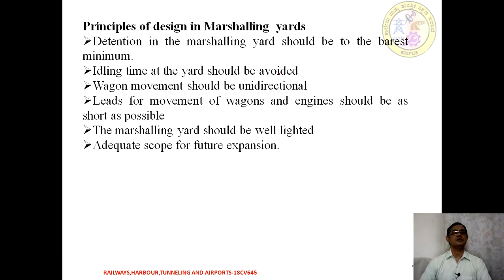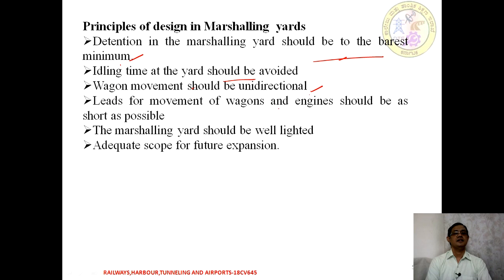We use some principles in designing the marshalling yard. First, detention in a marshalling yard should be based on the barest minimum timing. Next, idling of time in the yard should be avoided. Wagon movement should be unidirectional for ease of movement and safety.